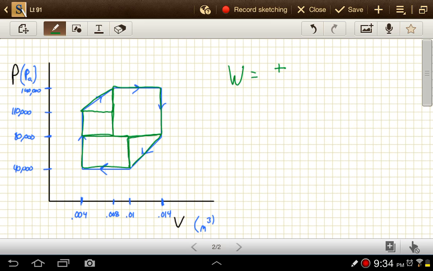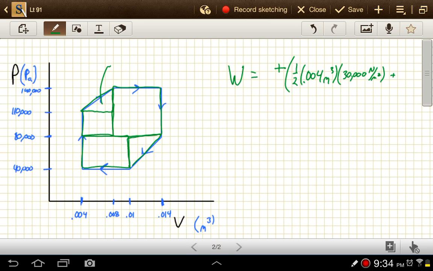Okay, so we have 5 shapes that we need to find the area for. We'll add all those together, and that's going to be the positive work done for this system. First off, let's do this little triangle: it's 1/2 times the base, which looks like 0.004 cubic meters, times the height, which looks like 30,000 newtons per square meter.